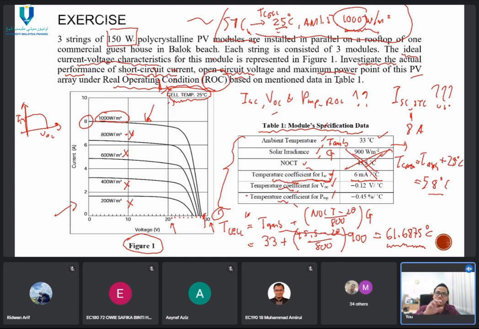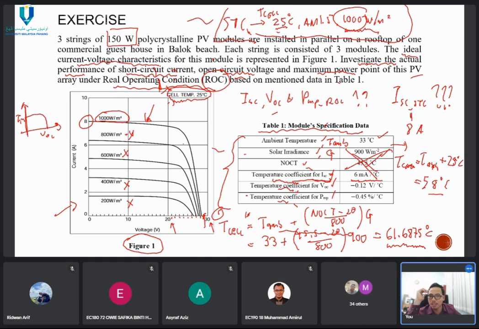How many watt. Even if they give you the serial number, from the serial number also you can get clue what is the PMP. Usually the module serial number already has the watt written. So PMP no problem. The problem is for the ISC and VOC.